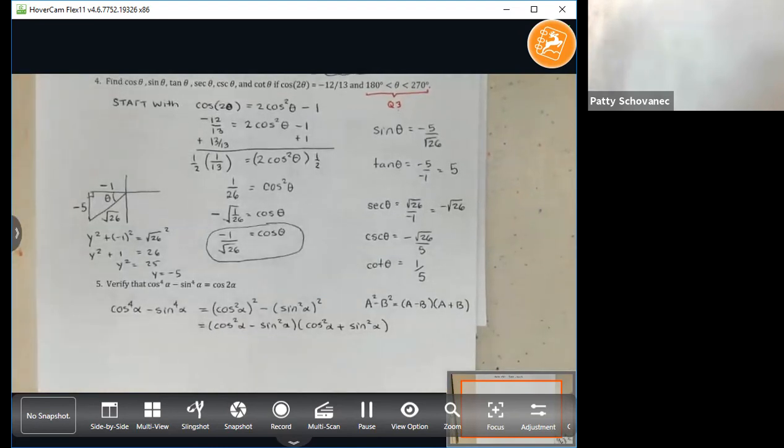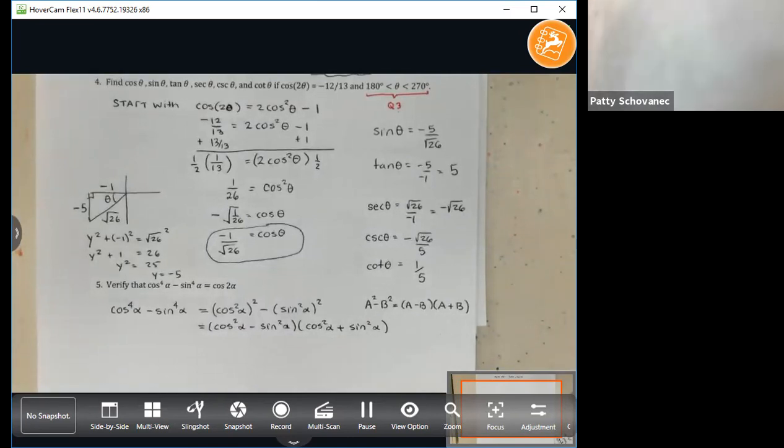What was next? Recognizing cosine squared plus sine squared of the same angle is always 1. So now I just have cosine squared of alpha minus sine squared of alpha.